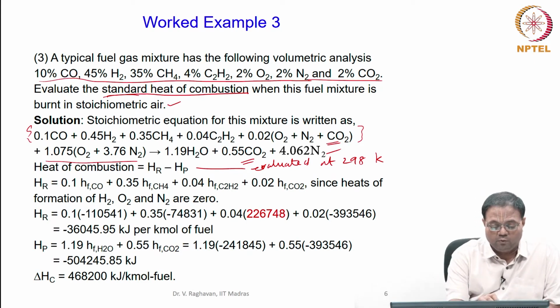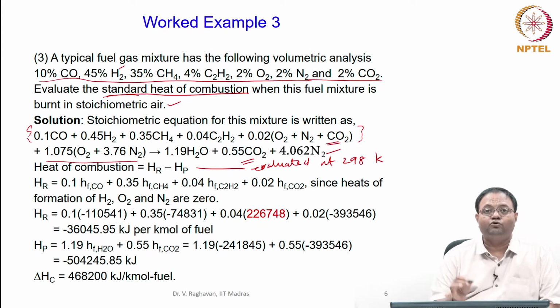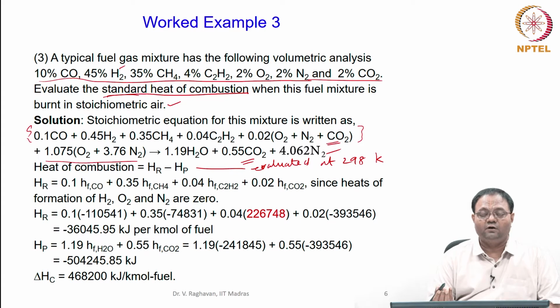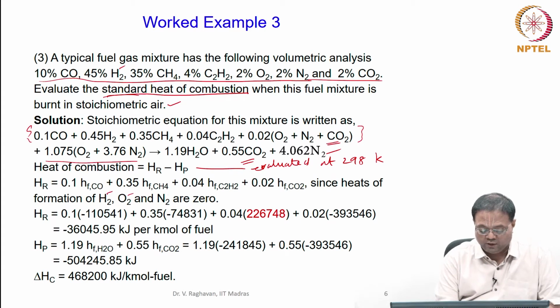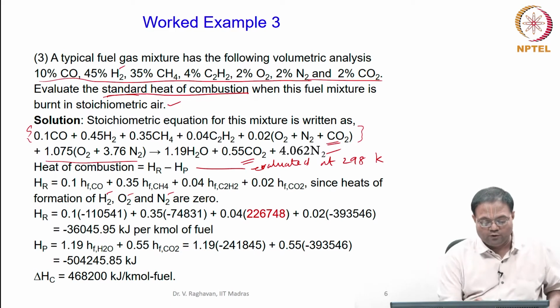So CO has an HF, so 0.1 times HF of CO plus 0.35 times HF of CH4. H2 I am not including here because the HF is 0 for H2. Okay. So you can see hydrogen, oxygen, nitrogen are not involved in this because they are basic elements and the heat of formation is 0. So that you should discard.